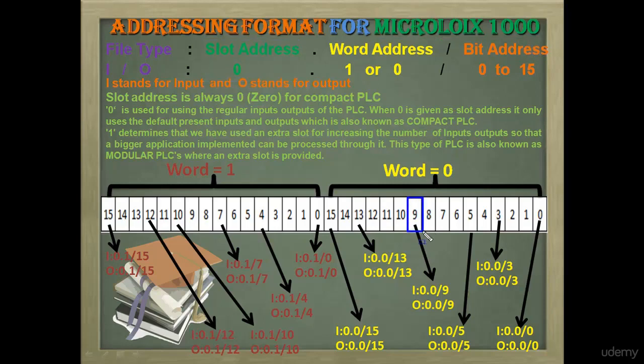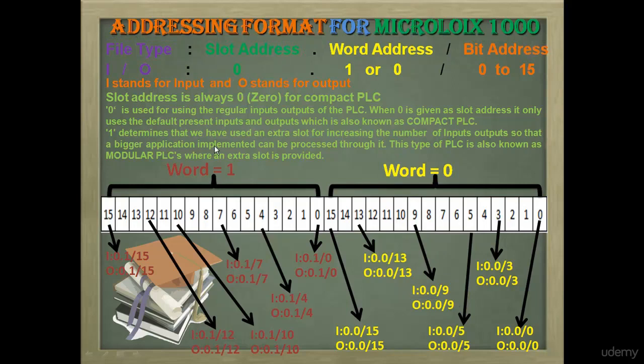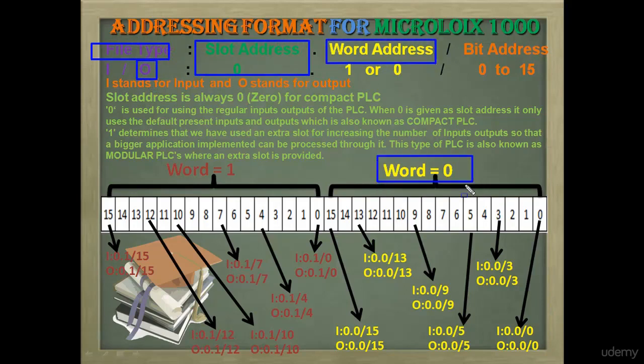Now addressing for the bit 9. For the input addressing, file type is I, slot address 0, word address 0, and last, bit address is 9. So the address for the input is I colon 0.0 slash 9. For the output, file type O, slot address 0, word address 0, and bit address is 9.